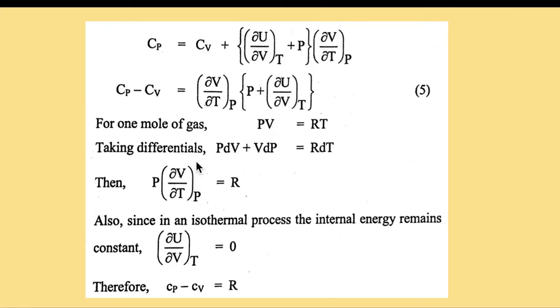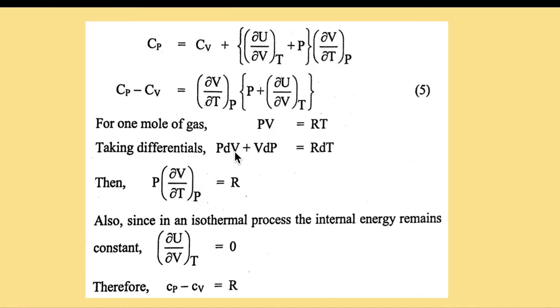Then, if you differentiate this expression with respect to T at a constant pressure, what do you get? This P is constant, so P into, you have to differentiate this V with respect to T, so it becomes dV by dt at a constant pressure.